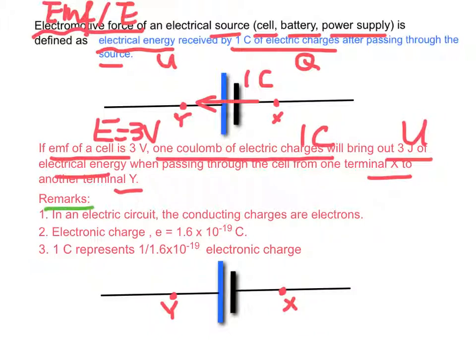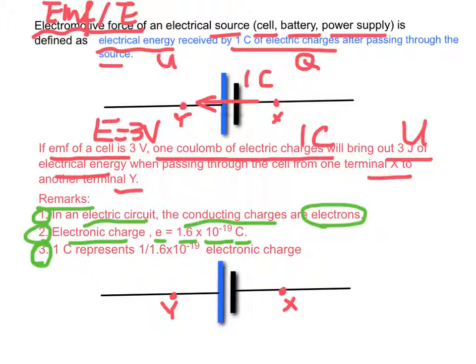Remarks. 1. In an electric circuit, the conducting charges are electrons. 2. The electronic charge e equals 1.6 times 10 to the power negative 19 coulomb.